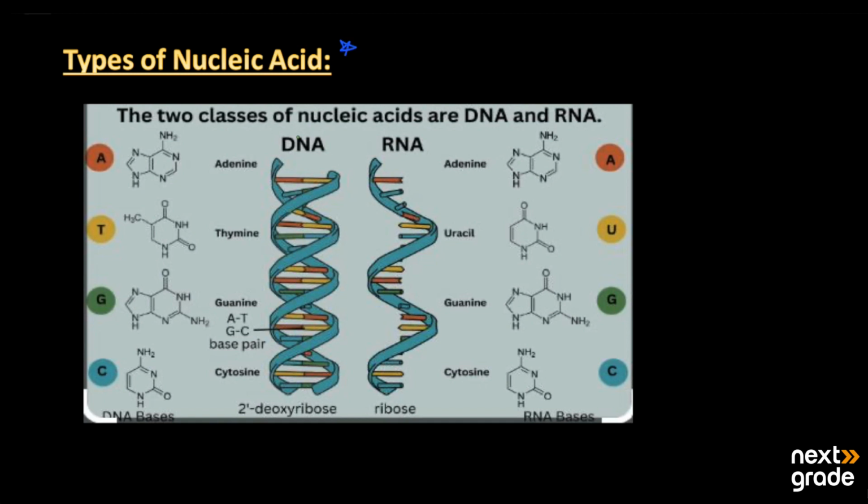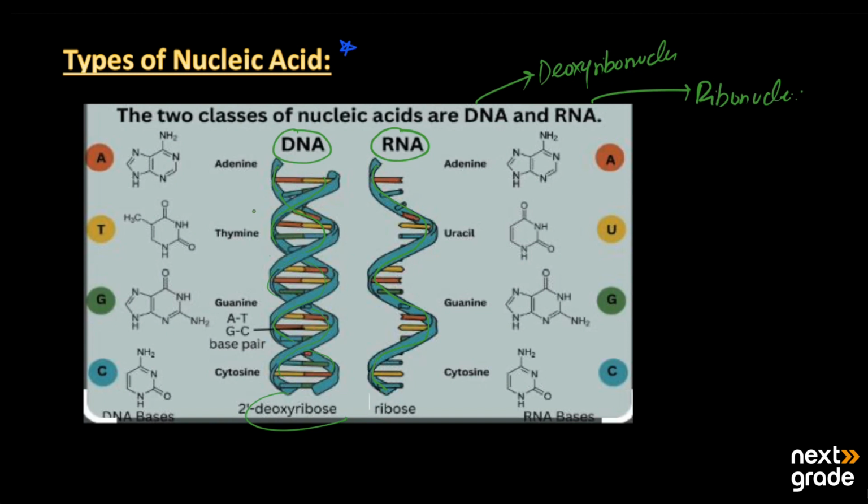The number one type is DNA, and the second type is RNA, where DNA stands for deoxyribonucleic acid and RNA stands for ribonucleic acid. DNA is double stranded, two strands twisted around each other, and RNA is a single stranded type of nucleic acid.